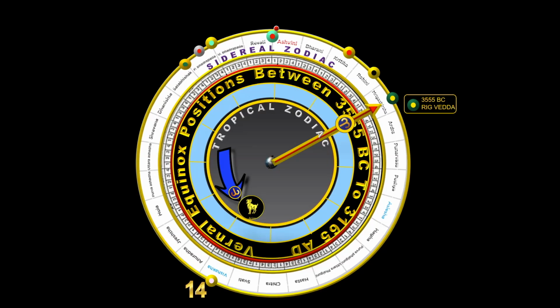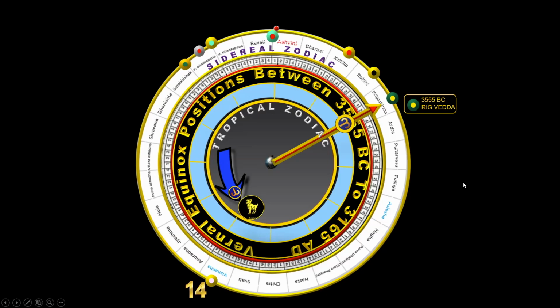Until then, the Vedas were recited and passed on from generation to generation only verbally, from mouth to ear, and not written. So the first Veda that was written was in 3555 BC, that is the Rigveda, when the vernal equinox was opposite the Mrigashira star.